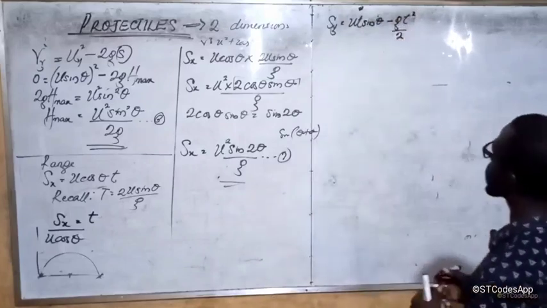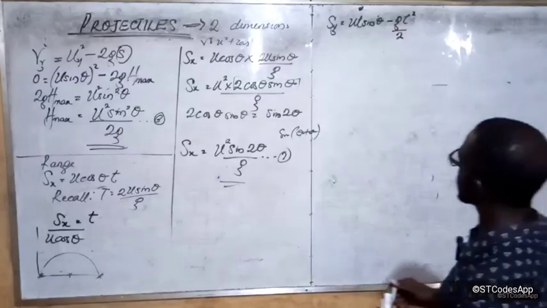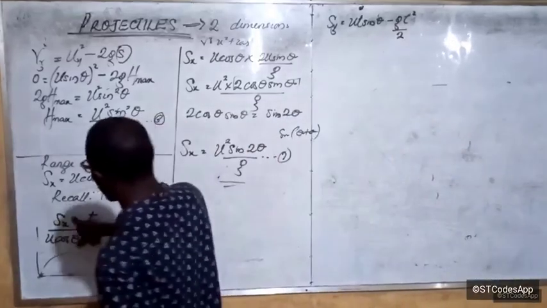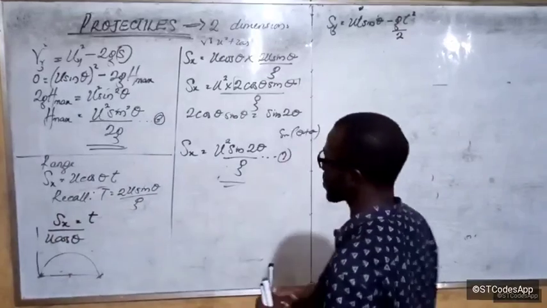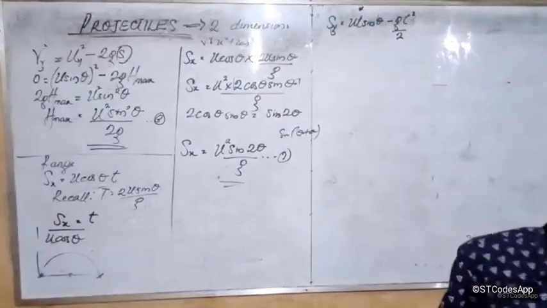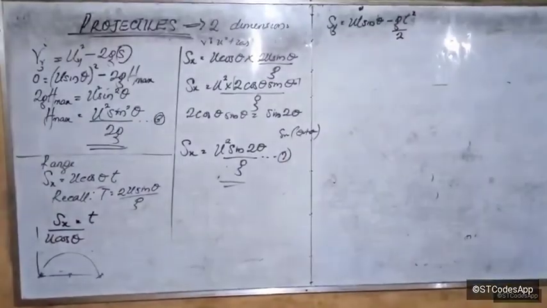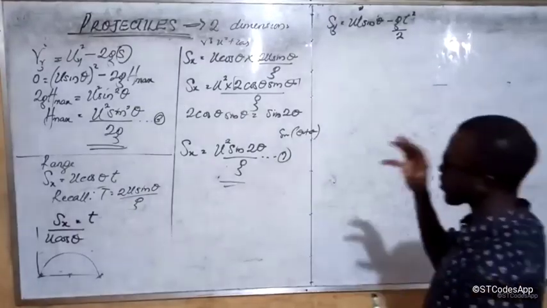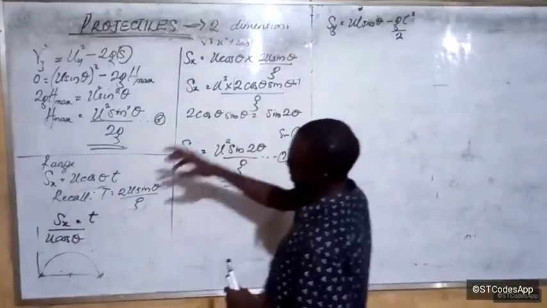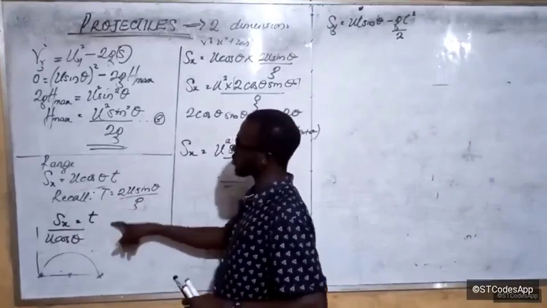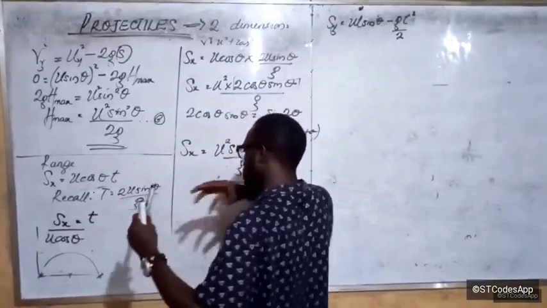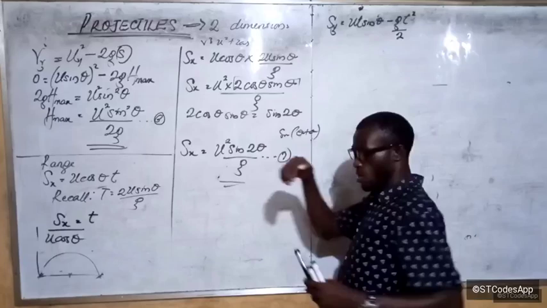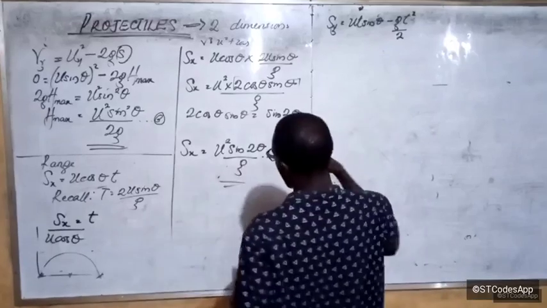All right. So here we can now substitute, since t is this, we can substitute that into this place. And the reason why we will be able to substitute that is because time here is with respect to the horizontal range throughout the entire path of the movement.